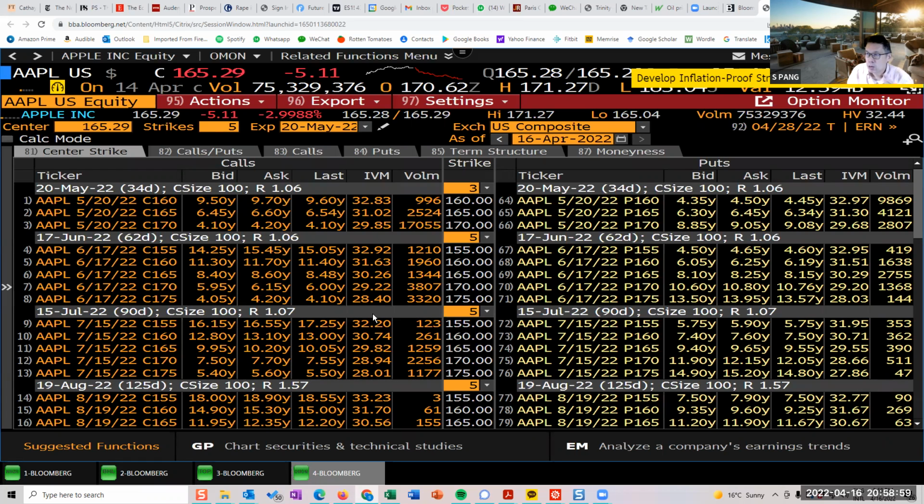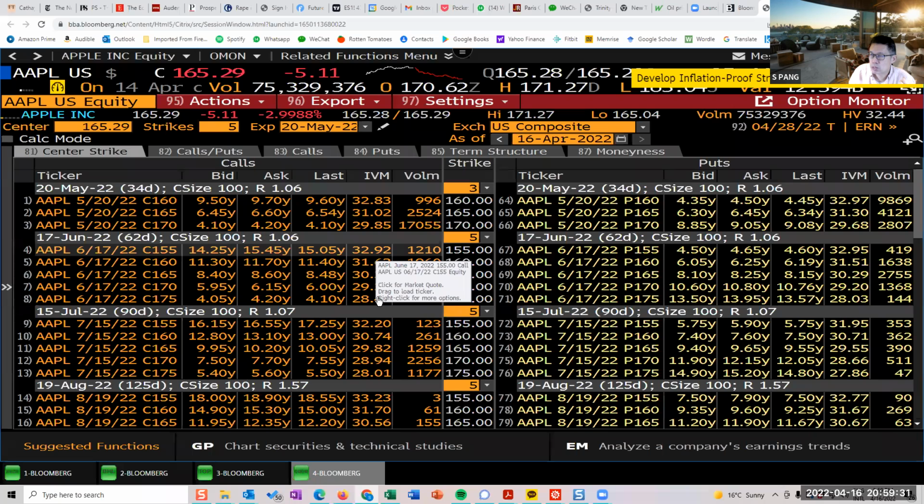Number two, the price closed at 165. So this one is ATMS, or at the money spot. And you can see either side. So a 160 call or 170 call, the vols are different too. They're all different, and you can see volatility goes up.